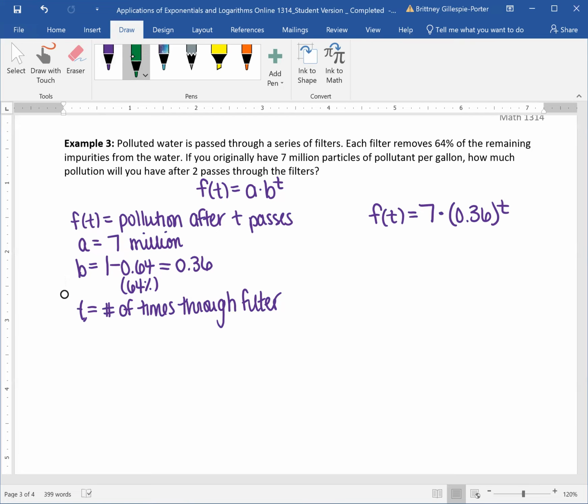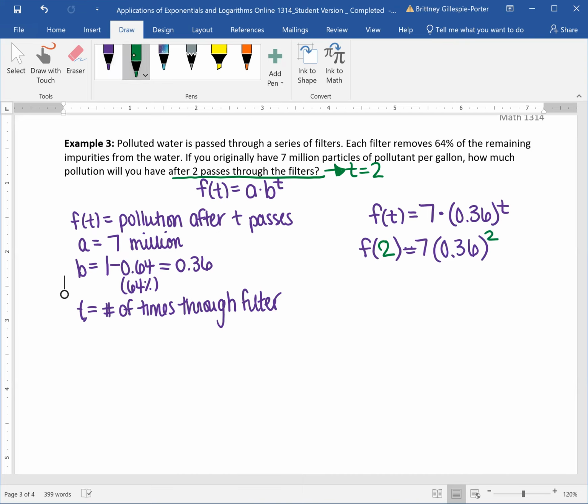The question now asks, how much will we have after 2 passes? So that tells us that t is equal to 2. We need to find f of 2, which means we're going to have 7 times 0.36 to the second.